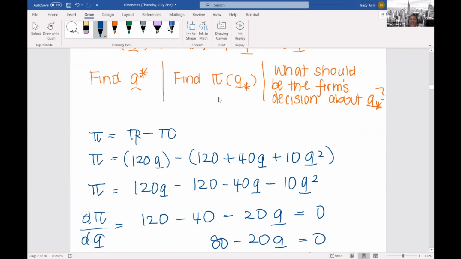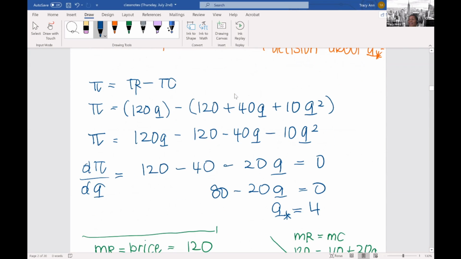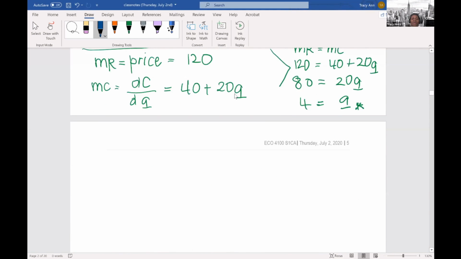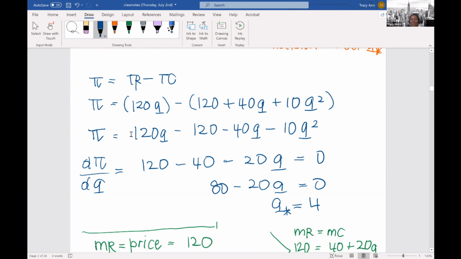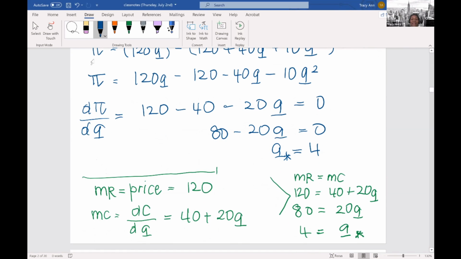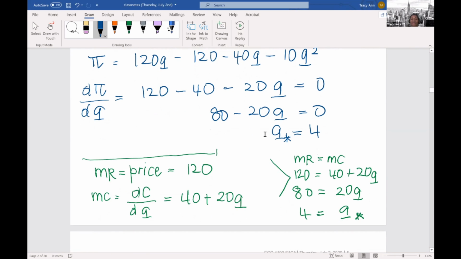The second question says, find our profit at Q star. So our profit at 4 is going to be equal to, here's our profit function from long ago, 120 times Q minus 120 minus 40 times Q minus 10Q squared.